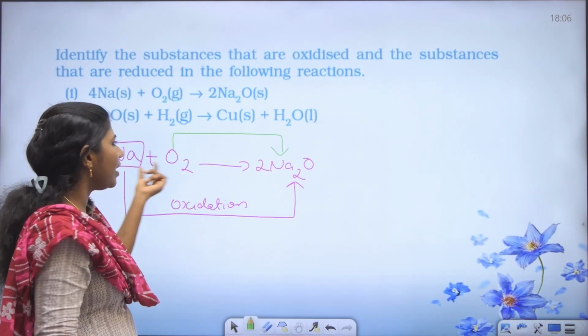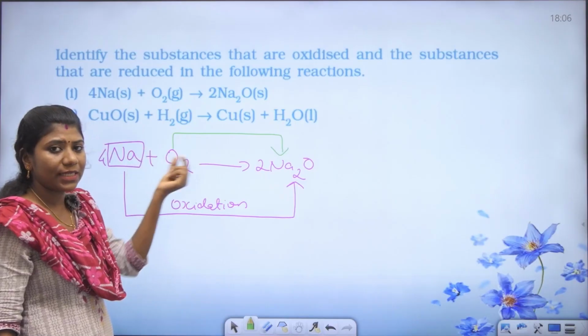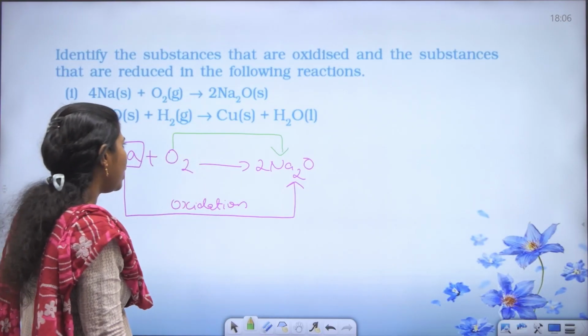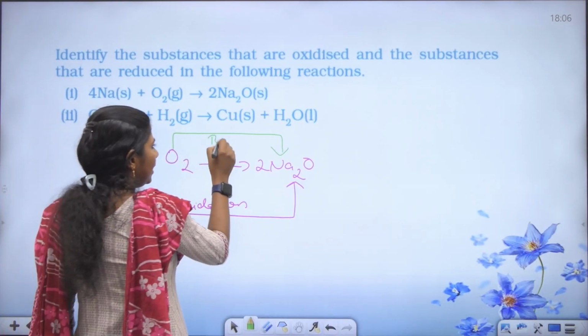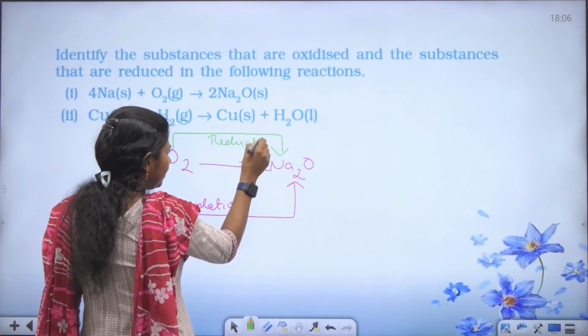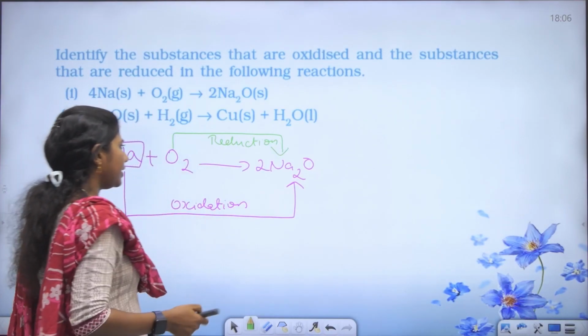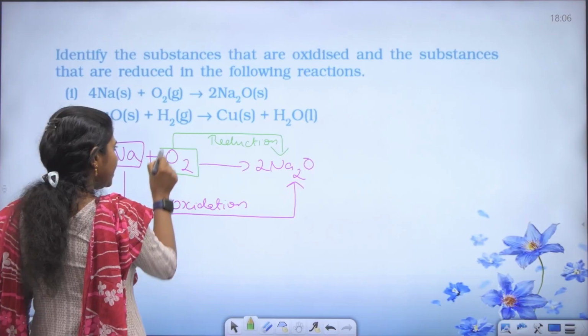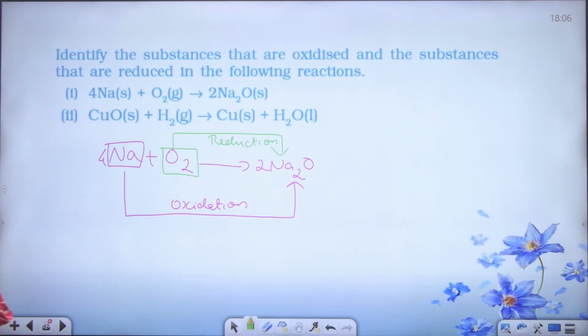That means removal of oxygen. Removal of oxygen is reduction. Oxygen is reduced and Na is oxidized.